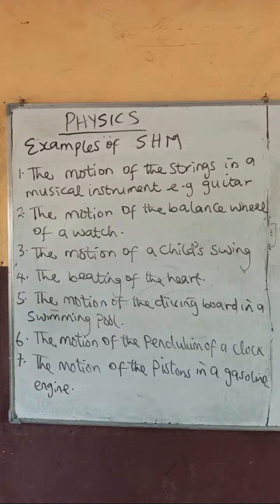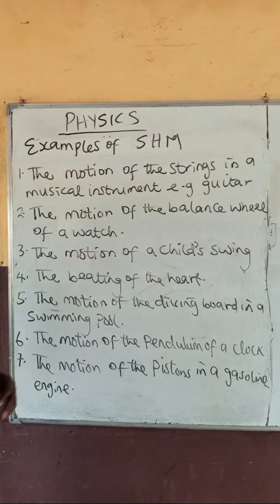All right, we have the examples of simple harmonic motion. One is the motion of the string in a musical instrument, for example a guitar. Two is the motion of the balance wheel of a watch. Three is the motion of a child's swing. Four is the beating of the heart. Five is the motion of a diving board in a swimming pool. Six is the motion of the pendulum of a clock.